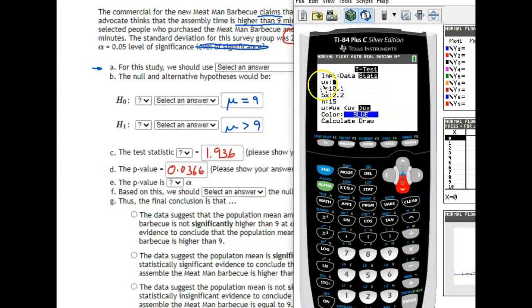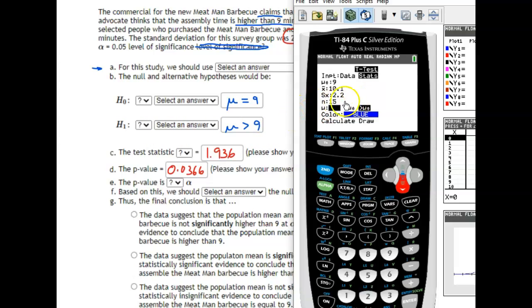We need to put mu 0, which is the null hypothesis mean, 9. You put the sample mean and standard deviation, 10.1 and 2.2, and n is the sample size. Here you choose the alternate hypothesis, which is that mu is bigger than 9.